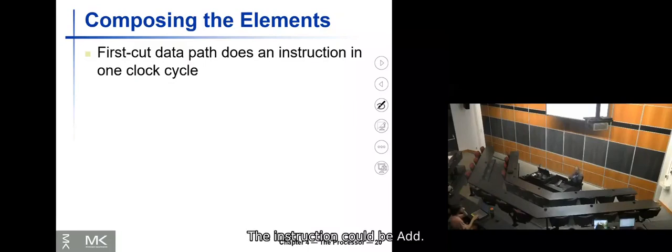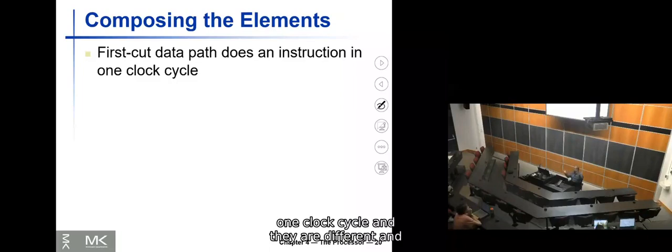The instruction could be add T0, T1, T2, could be load T0, 5, T2, could be a store T0, 10, T2, or it could be a branch. Either of these instructions should be executed in one clock cycle.